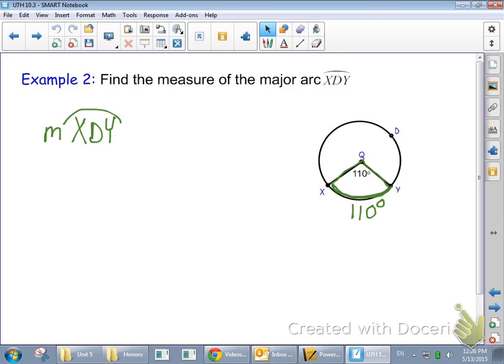And if that's 110 degrees, I'm looking for the major arc X through D to Y. So again, I'm going to take 360 and subtract that 110, which gives me 250 degrees.